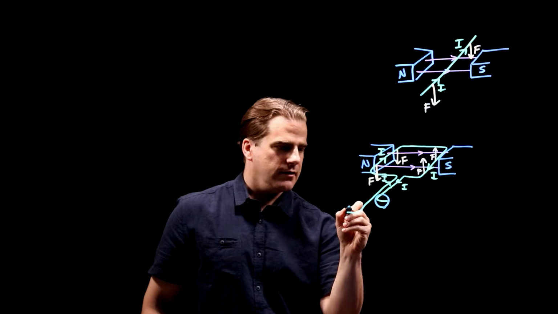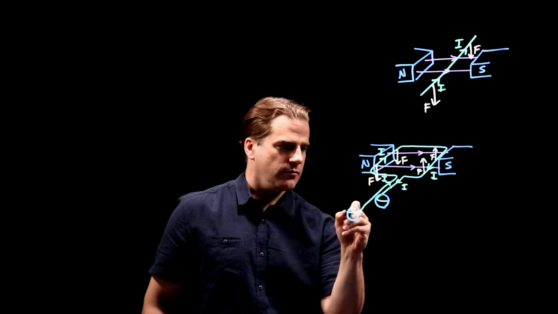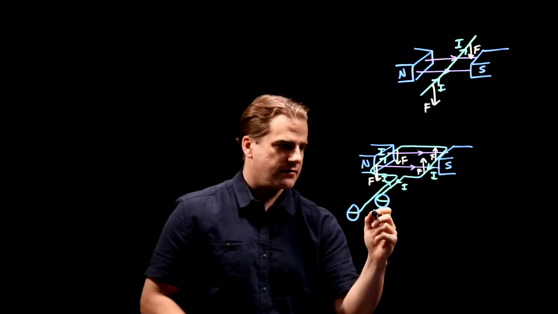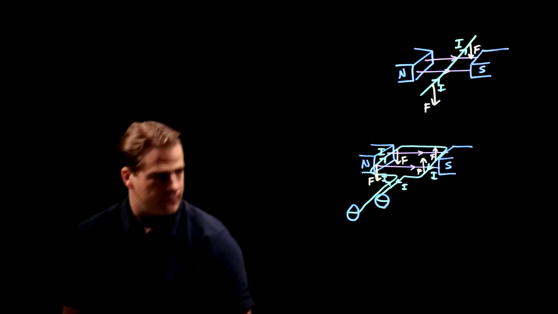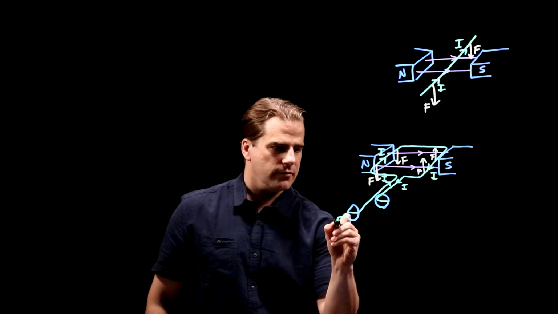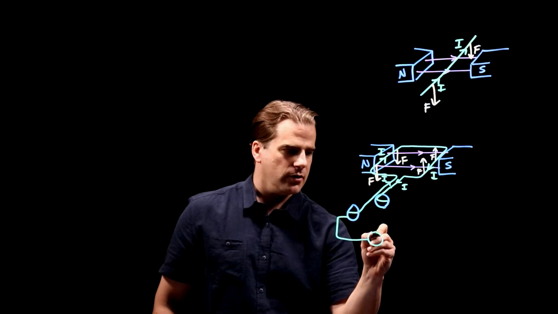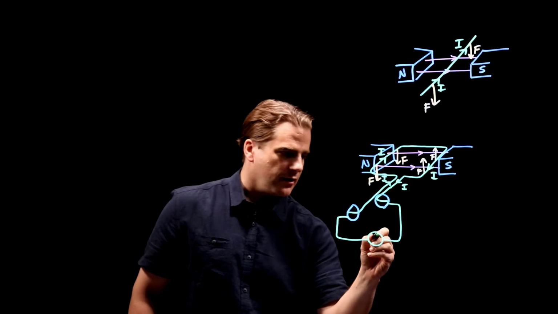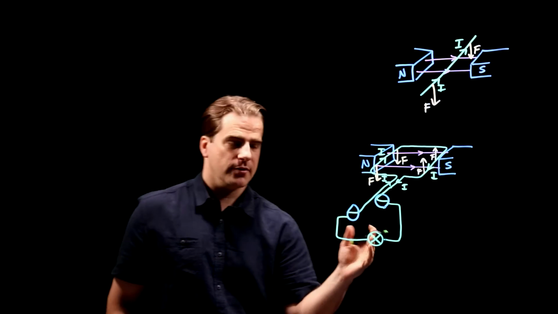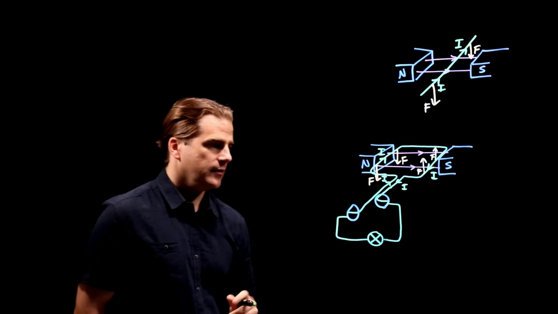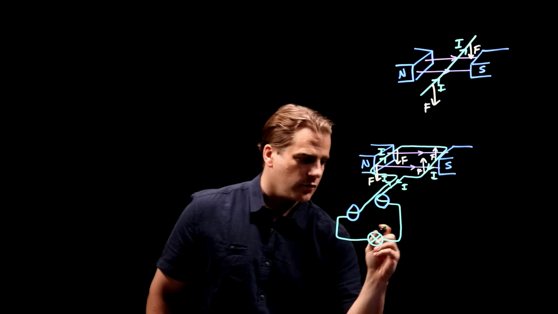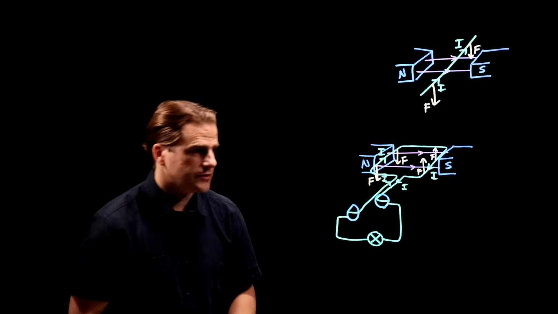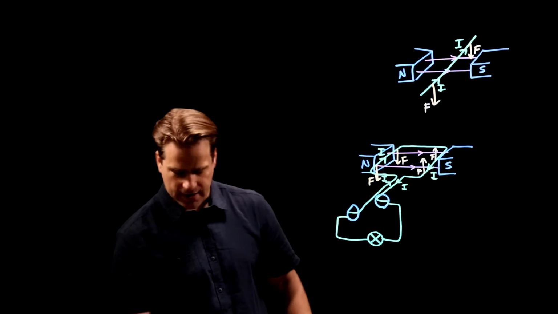So it's in permanent contact with these two metal rings, which are separate but fixed, and you connect those two metal rings to whatever you want, just to show that there's a current flowing. It could be a bulb, a lamp which will light up when current's flowing, something like that, or it could be a voltmeter to show a voltage.